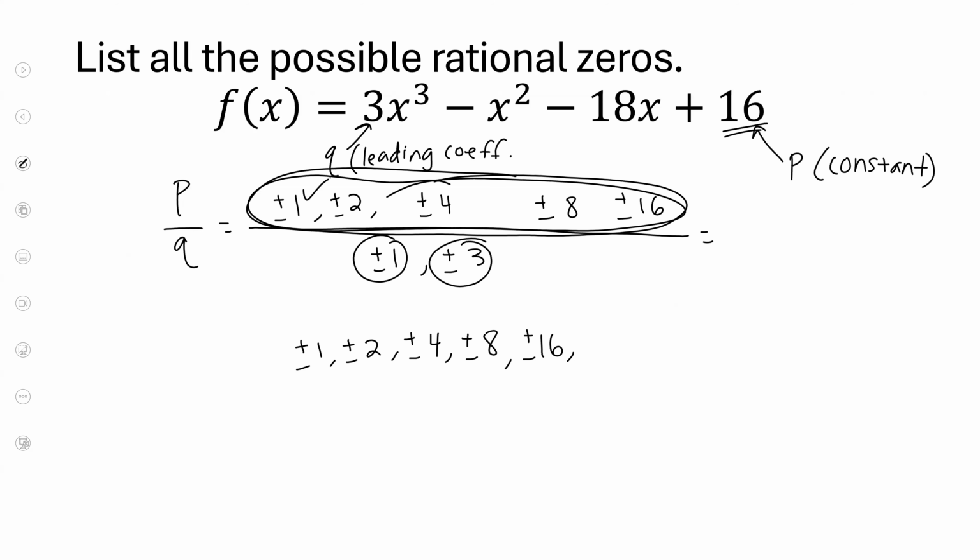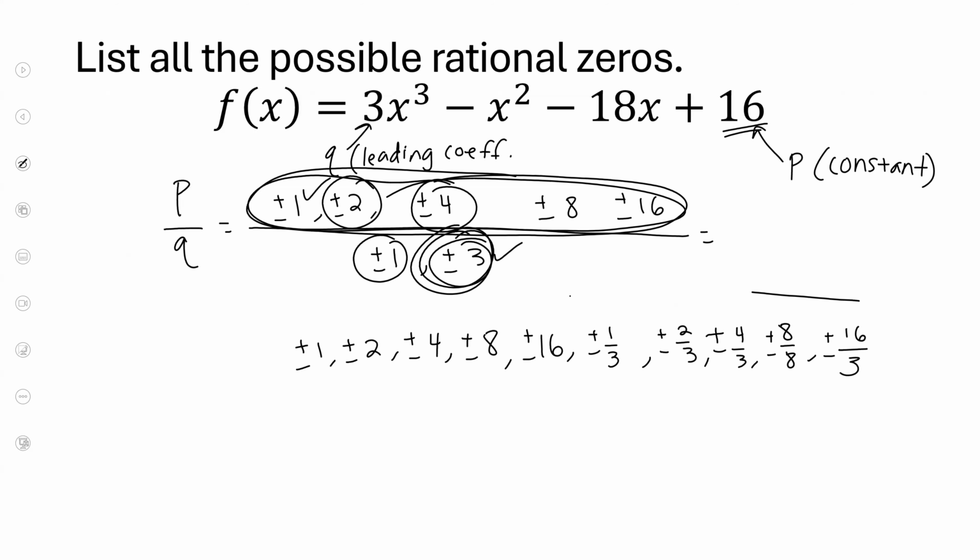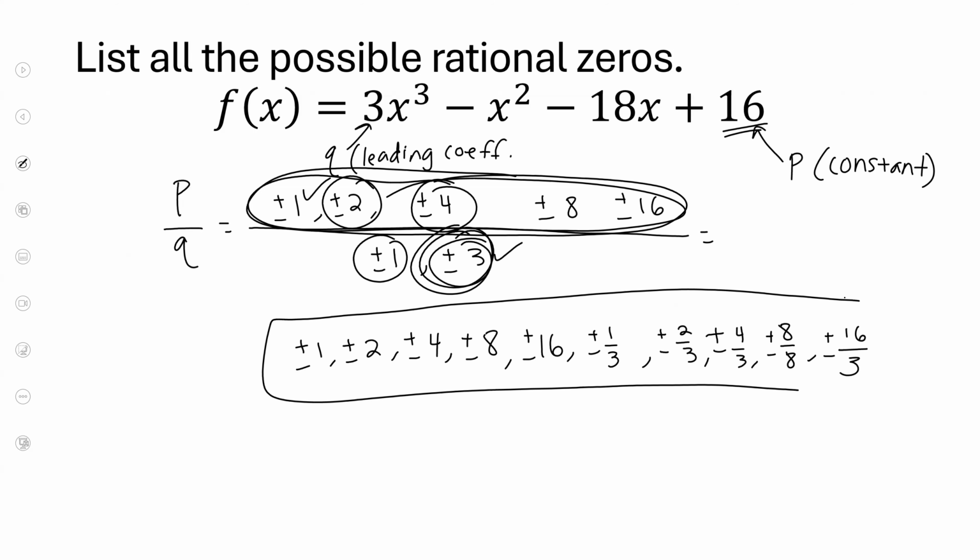So I'll have 1 over 3, so 1/3, 2 over 3, 4 over 3, then 8 over 3, and 16 over 3. So these are all of my possible rational zeros. I listed them all.